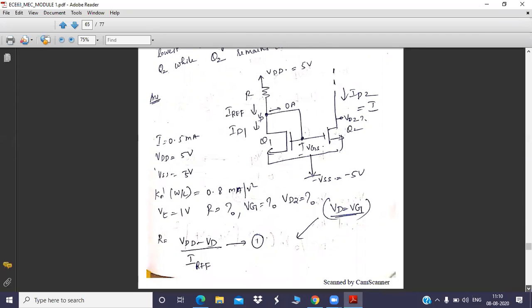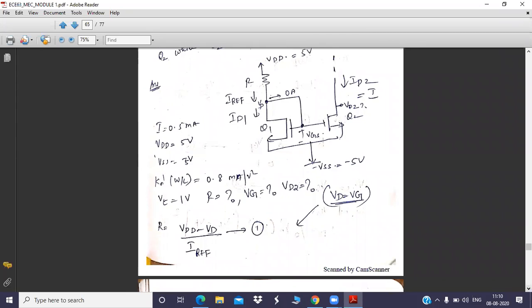Now I'm going to find the value of R. You can see the position of R in the circuit diagram. I just want you to tell me where I have connected R, in between which voltages. Obviously, you have a potential difference across R, isn't it? So what is that potential difference?